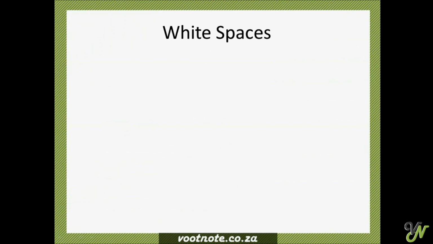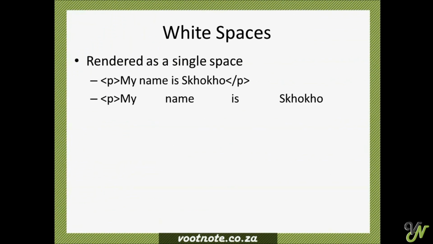Now, in terms of white spaces, they are rendered as a single space regardless of how many spaces you put in between the words. If you look at this example, you notice that we put a single space between all the words inside the paragraph. But then here we put a massive space in between. The interesting thing is that this space will be rendered the same as this one.